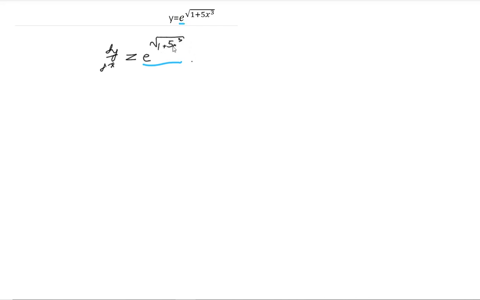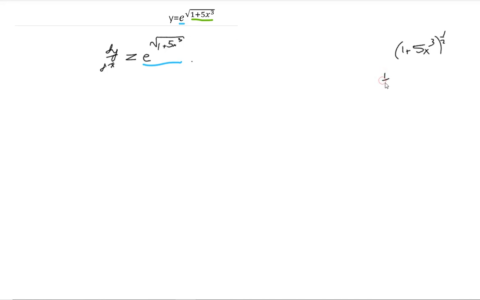The derivative of e is right here. Now I'll underline the square root in green. And so the square root in green, we're going to do it off to the side because it is a little bit messy. So we can rewrite the square root as 1 plus 5x cubed to the 1/2. And then we just use our power rule.